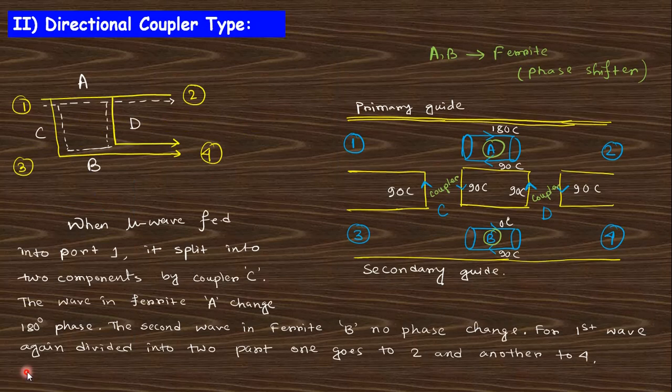Go to the next one, that is the directional coupler. A directional coupler can also be used as a 4 port circulator. How? You know from the previous lecture that in the directional coupler this wave can transmit to 2, and one wave can transmit from that one. Actually this one in the yellow color comes directly to 2 and this one comes to 4, and these two are added up.